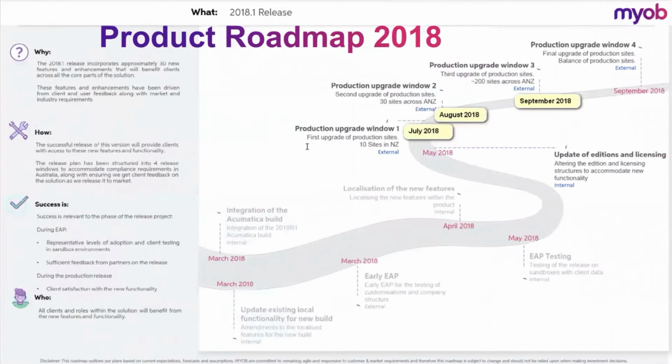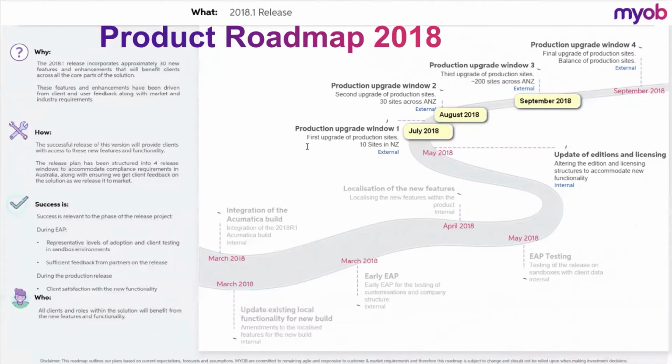So the roadmap for the 18 release, which is this quarter: next month there'll just be one or two customers going on to 2018, but August and September is where the rest of you will be rolled out. You're probably asking, okay, when am I scheduled? We'll be sending out an email with the schedule of the updates.